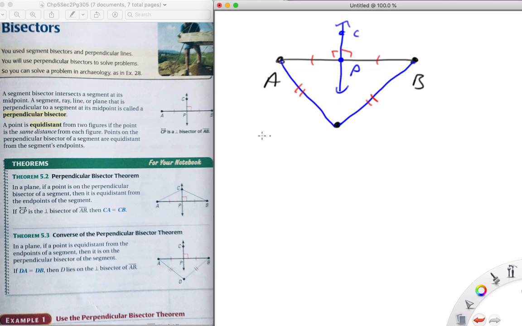So this is the perpendicular bisector converse. And what this says is the opposite of the perpendicular bisector theorem.